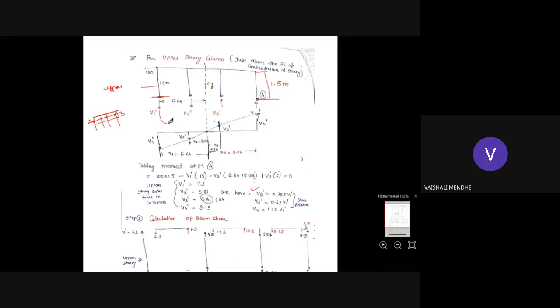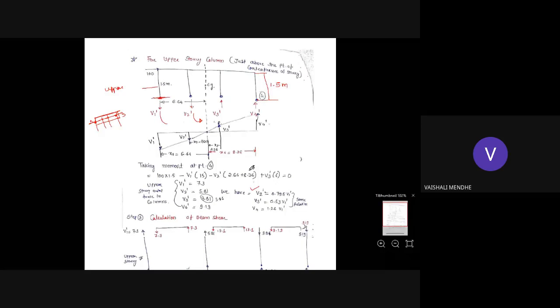So minus V1 dash into 50 minus ये भी एंटी क्लॉकवाइज जाएगा V2 dash into the perpendicular distance, that is 2.64 plus 8.3. डायरेक्टली आपको ये डिस्टेंस पता है in the problem figure, plus V3 dash into 6. V3 dash into 6 is equal to 0.